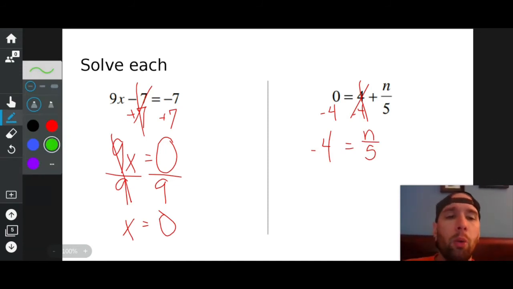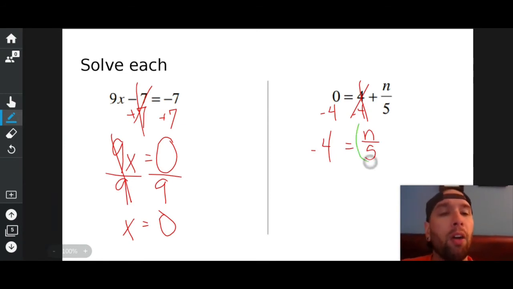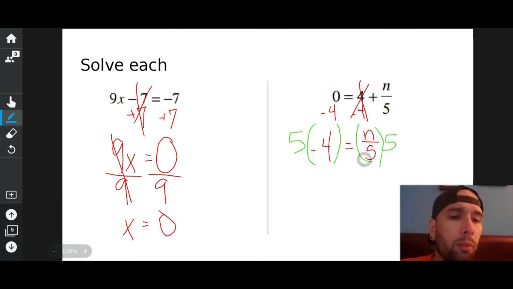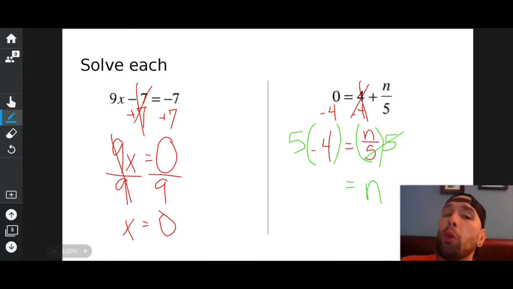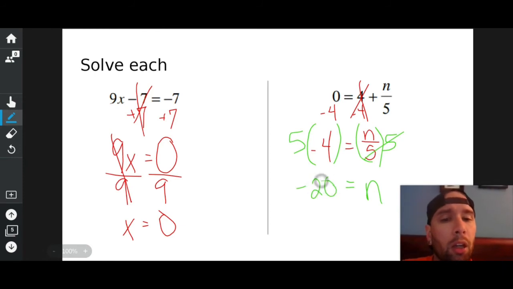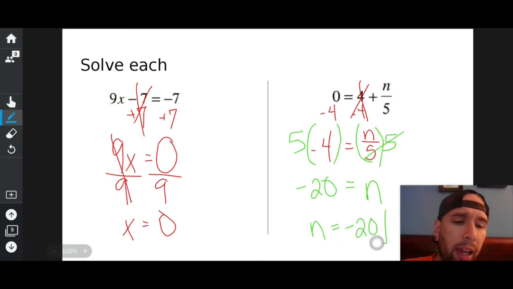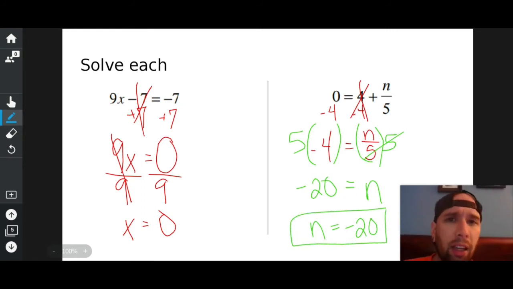No. What's in the way? 5. How do we get rid of divided by 5? Multiply by 5. Of course. Bring down the n. 5 times 4 is 20, so 5 times negative 4 is negative 20. And do the old flipperooskies because I like my letter on the left. Letter on the left, they say.